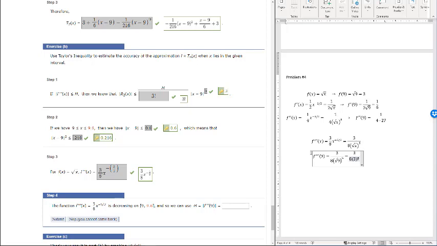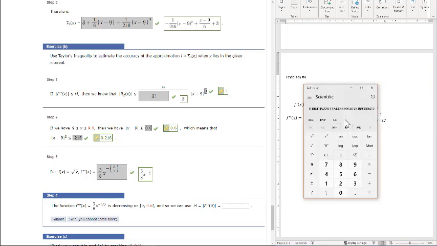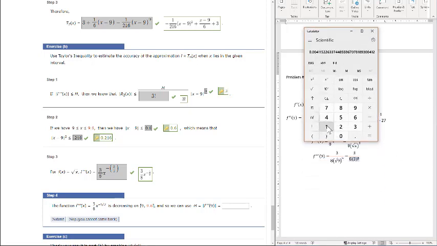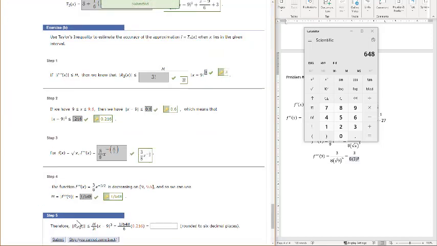So 1 over 8 times 3 to the 4th, so 3 to the 4th times 8. So 648. So I think it's going to be 1 over 648, as a fraction.